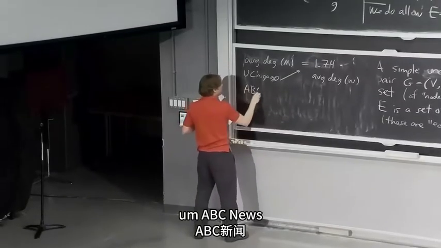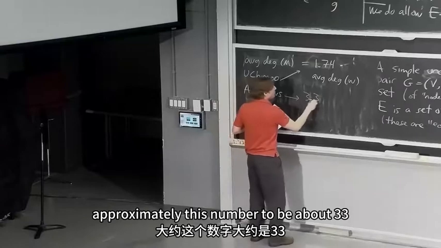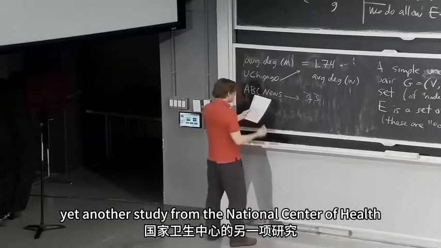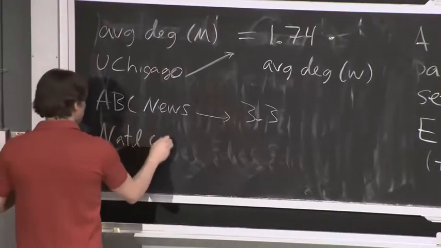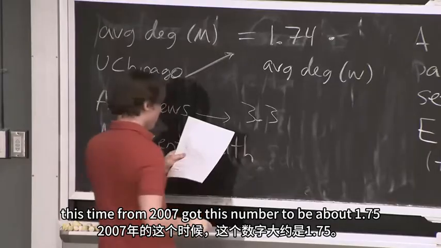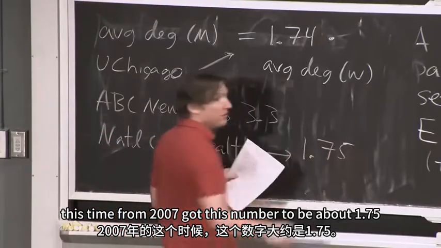ABC News approximated this number to be about 3.3. Yet another study from the National Center of Health, this time from 2007, got this number to be about 1.75.